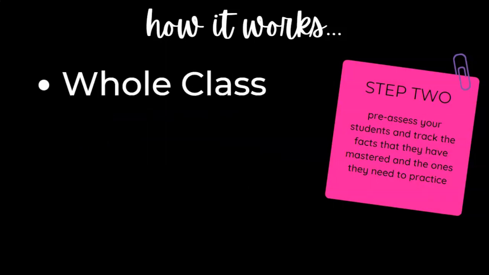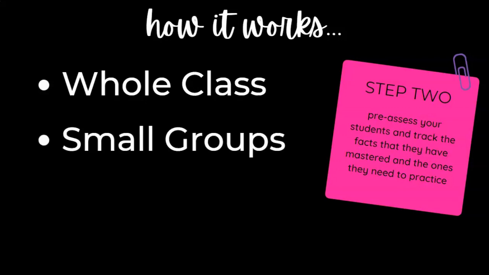There are three ways you can assess your students. You can have the whole class take the same written test at the same time and do your best to monitor that they are moving at the appropriate pace. You can assess small groups of students. This is a little bit easier to manage if you have a small group of 3 to 5 students taking the same written test, so you can make sure they are moving at the appropriate pace.